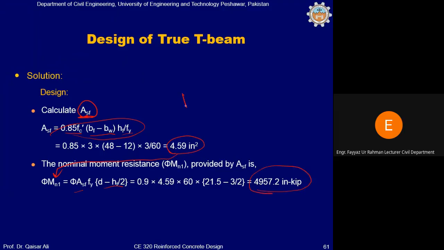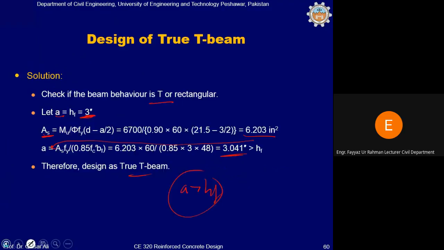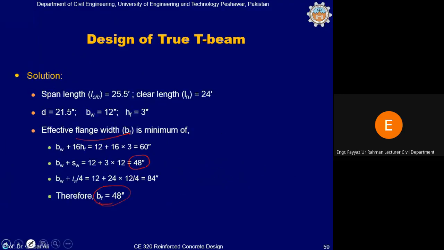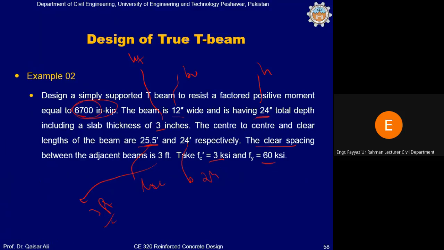From this, you can calculate Mu2, which will be equal to the total demand minus the capacity provided by Asf. Total demand is given here, it is 6,700 inch kip.